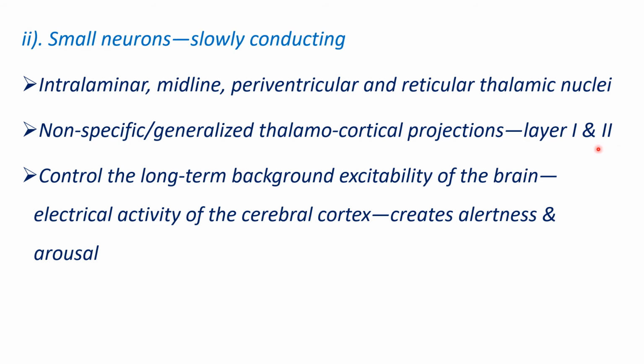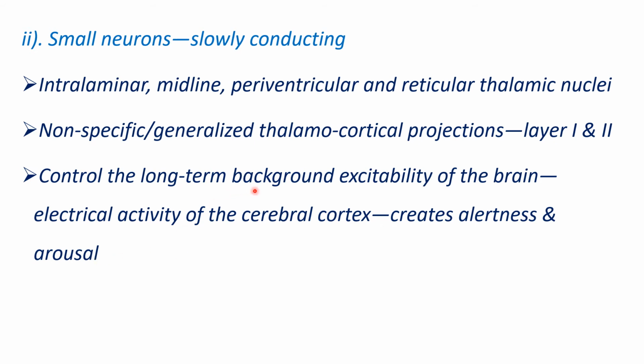When we will be studying the cerebral cortex, we'll come to know the different layers of the cerebral cortex, especially they go to the superficial layers. The superficial layers are layer 1 and 2. So they control the long-term background excitability of the brain, especially the electrical activity of the cerebral cortex leading to alertness and arousal.